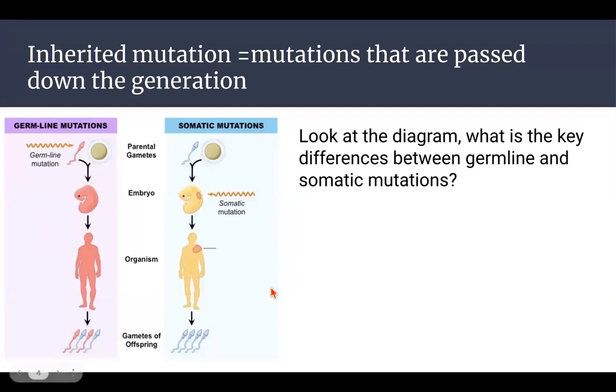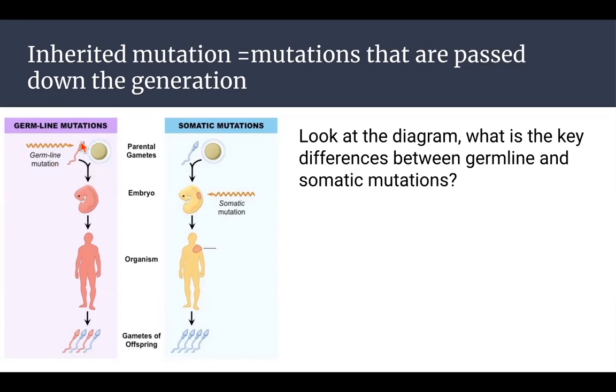If we have a look at these two diagrams, you can see that on this side, the red color means that there is a mutation in that thing. And then on this side, if it's yellow, it's normal, but if it's red, it's mutated. So we look at the germline mutation, the red is a sperm and then the egg looks normal.